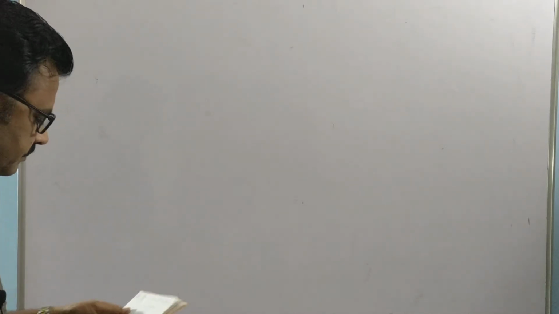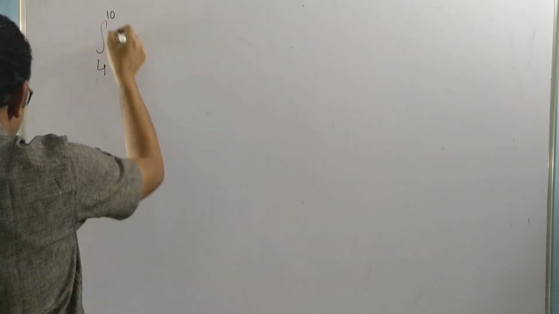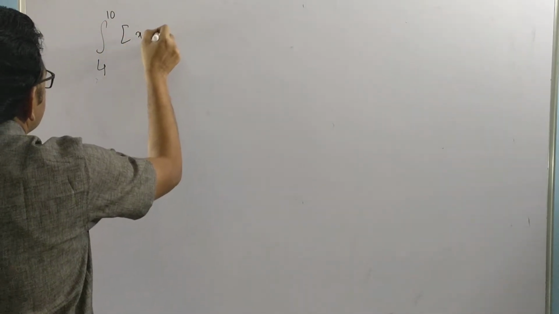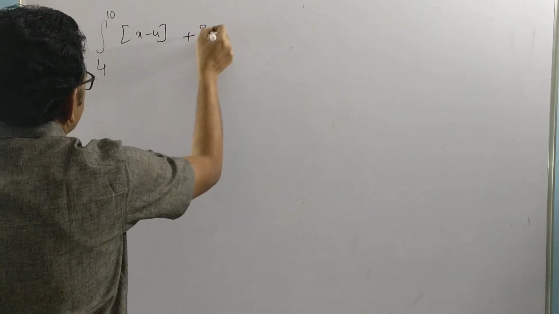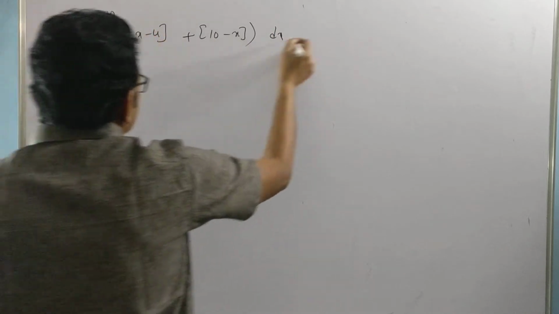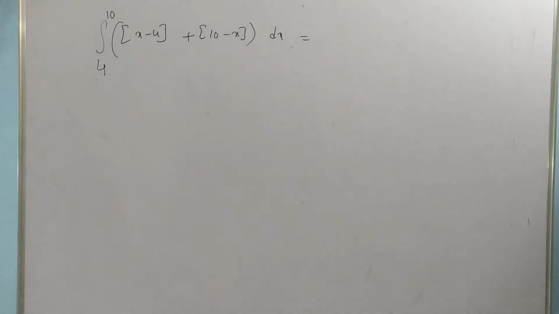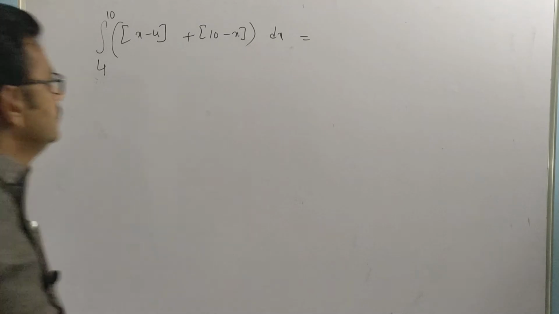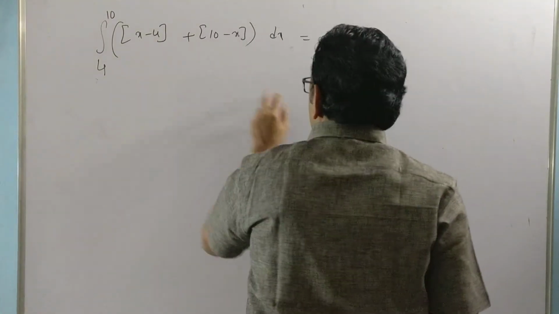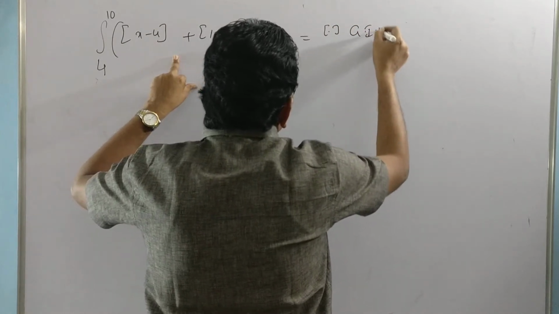Next one: the integral from 4 to 10 of [x minus 4] plus [10 minus x] dx, where [ ] is the greatest integer function.